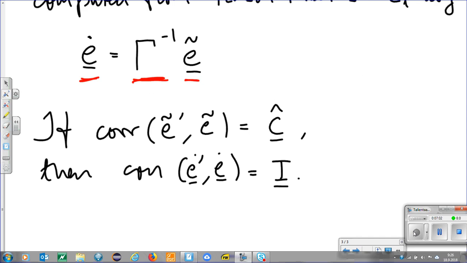And if the Cholesky decomposition was based on the true correlation matrix of the residual error, so if the correlation between the Pearson residuals is this C matrix, then these normalized residuals have correlation I. So the normalized residuals are not correlated anymore.